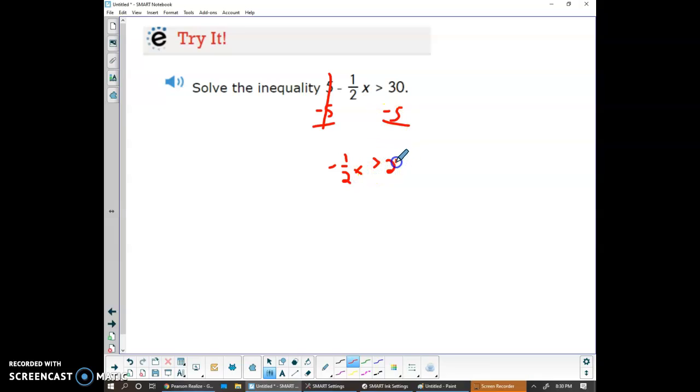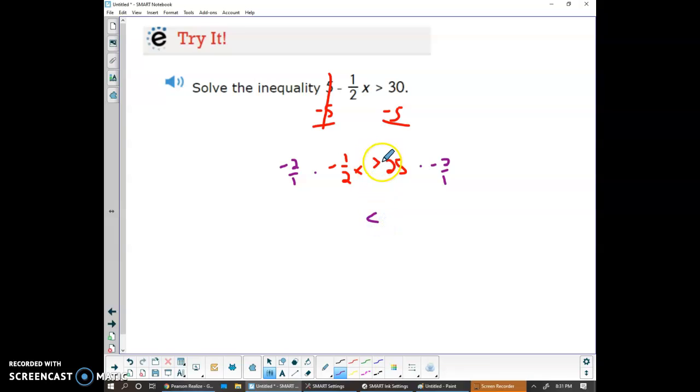Now, if we want to get rid of that fraction, we need to multiply by the reciprocal. Flip it, and we need to use a negative to cancel a negative. So we're going to multiply by negative 2 over 1 to both sides. Negative 2 over 1. As soon as we multiply by that negative 2 over 1, this inequality sign technically flips.